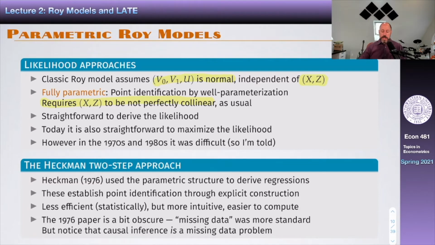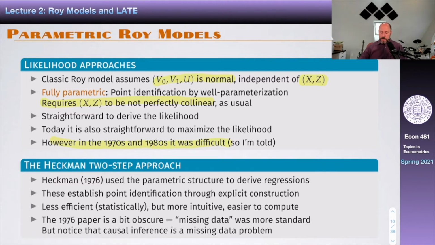It is straightforward to derive the likelihood of this model if you write it down, but it was more popular to later estimate this model as a two-step, mainly because, as I wrote here, a long time ago it was difficult to maximize these likelihood functions on the computer, so making things in two steps was more convenient. From the point of view of today, it wouldn't make any sense to do a two-step approach when you can just maximize the likelihood in a nanosecond.